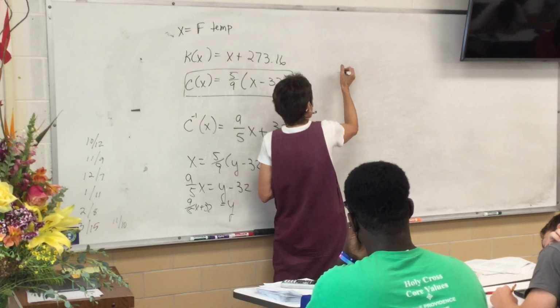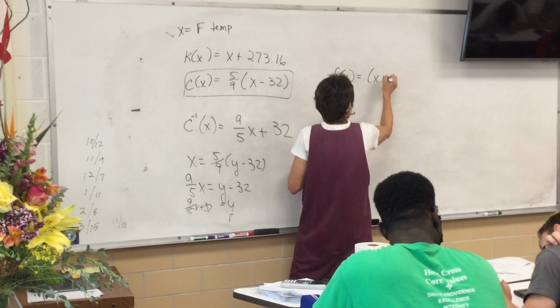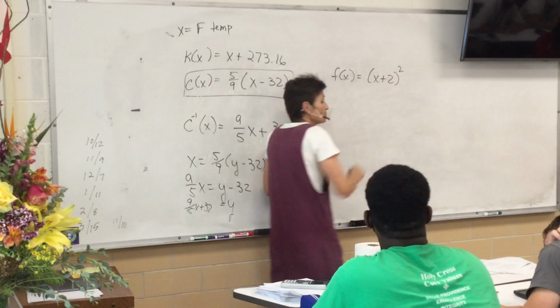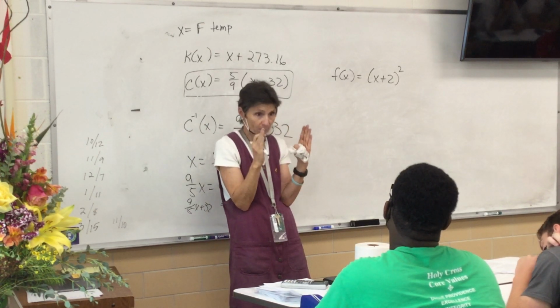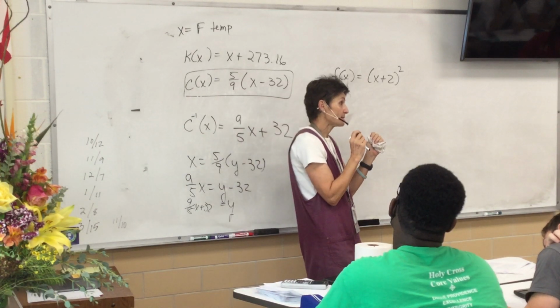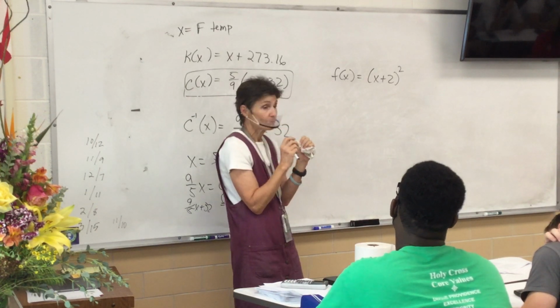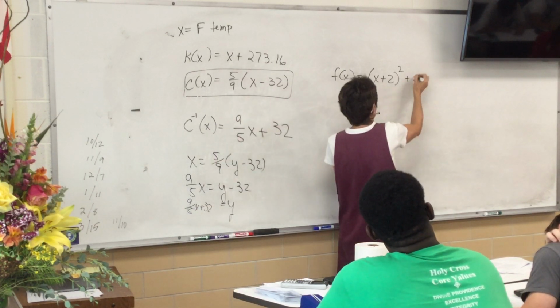You can see a translation in your problem because it involves an addition or a subtraction. So if you took your squaring function and you added 2 to the x, that would preserve the exact shape of x squared, but it would move it 2 units to the left, right? Same thing if you put a number on the end.